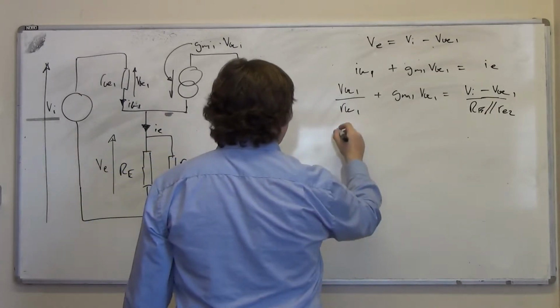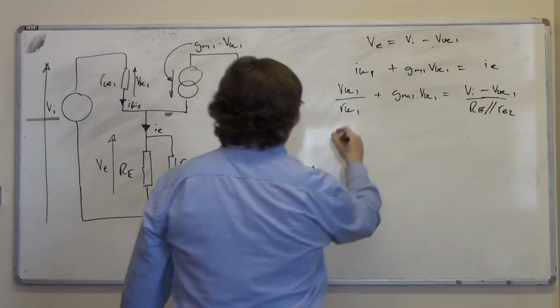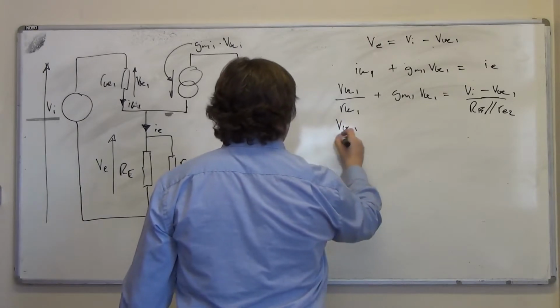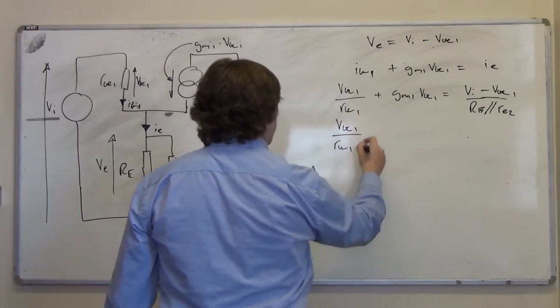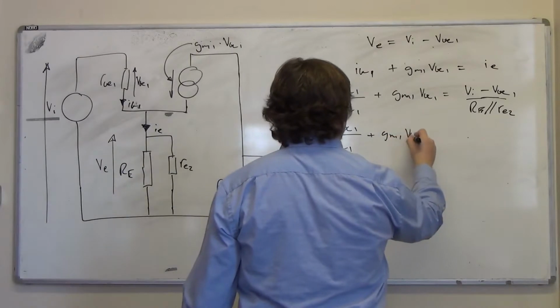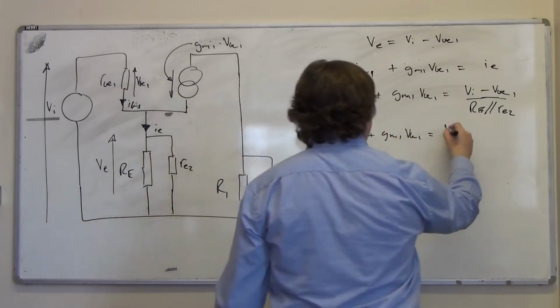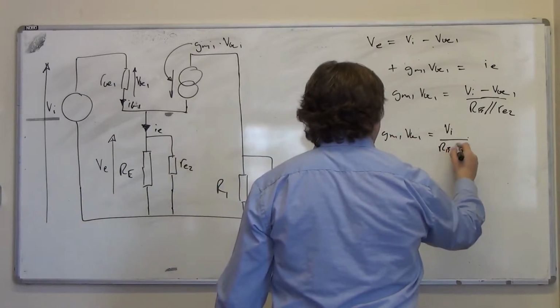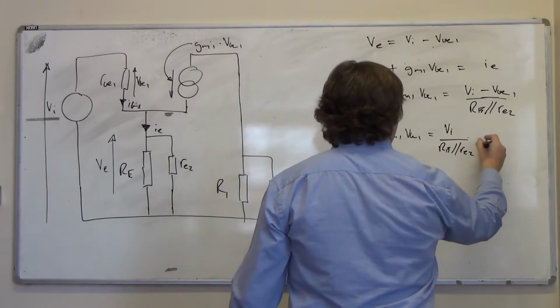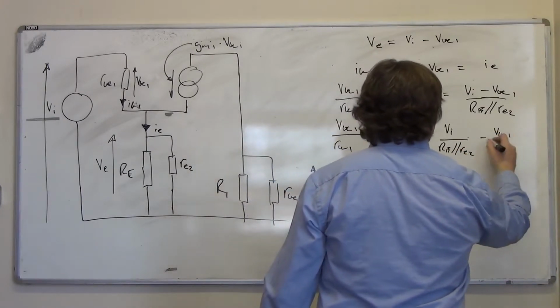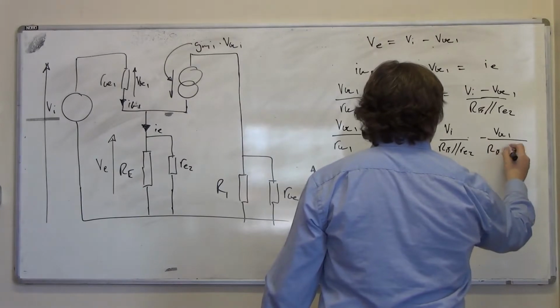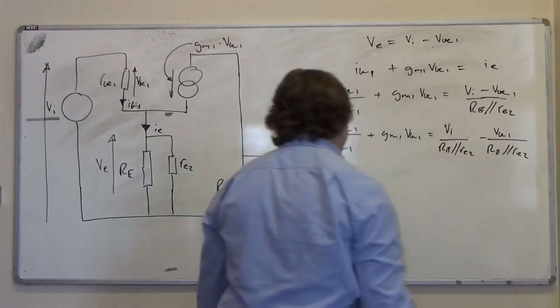So I'll write it as a separate line. VBE1 over RBE1 plus GM1 VBE1 equals VI over RE parallel RE2 minus VBE1 over RE parallel RE2.